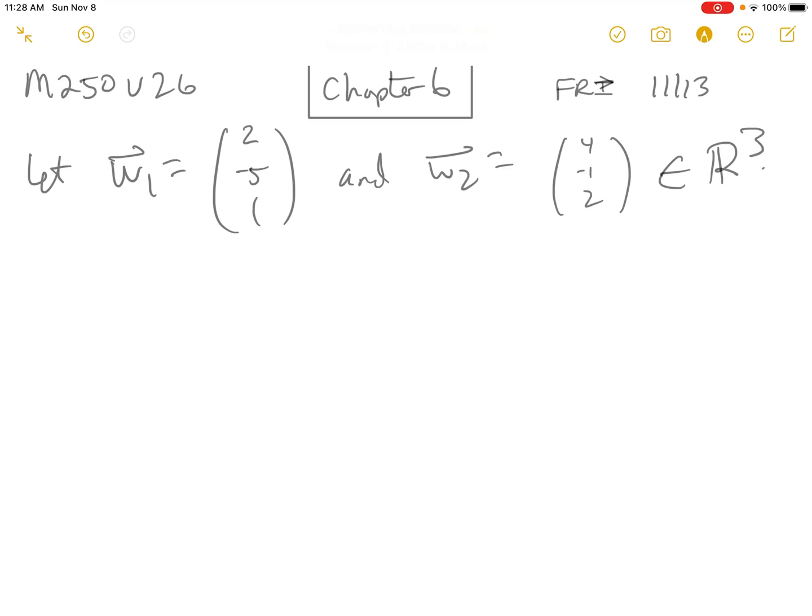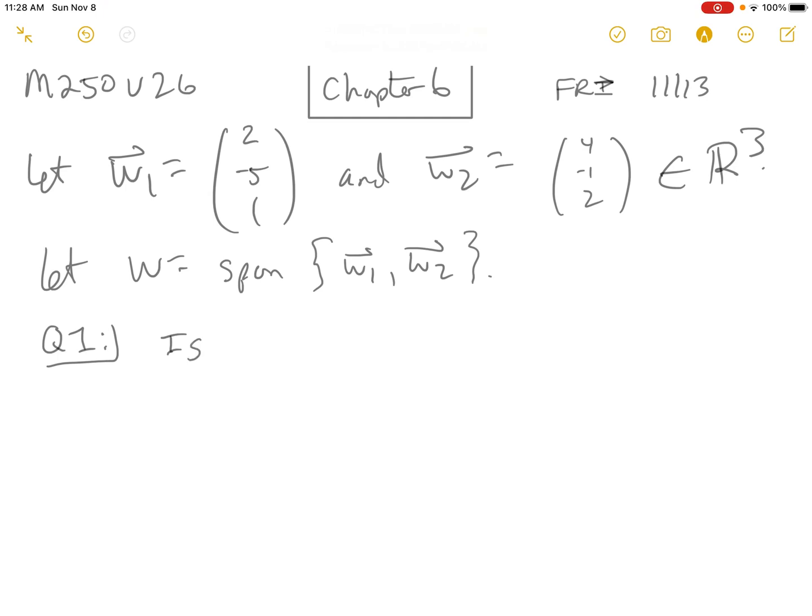And then we're going to let cap W be the span of W1, W2. And here's question number 1, Q1. Is the set W1, W2 linearly independent?